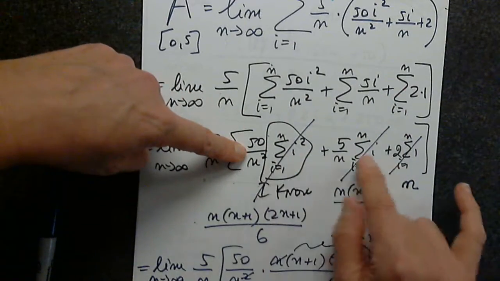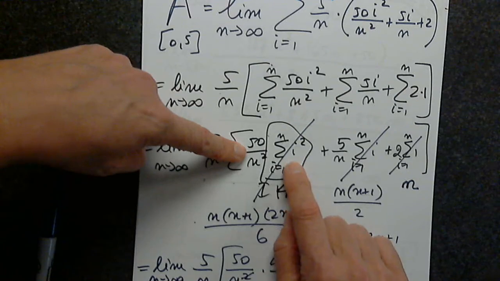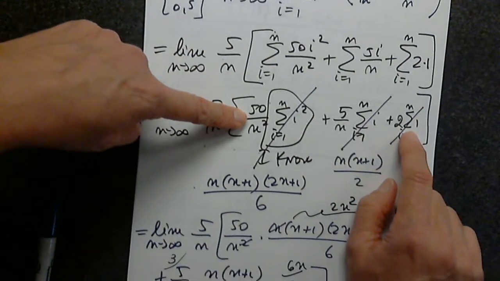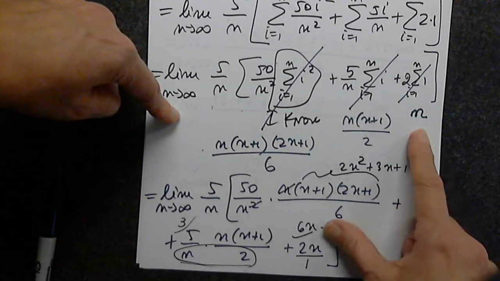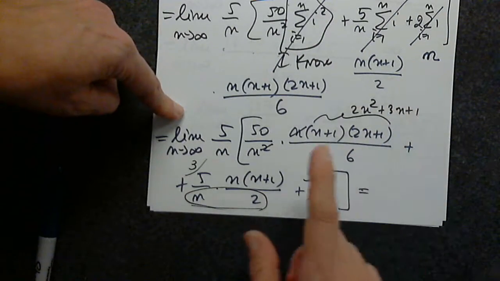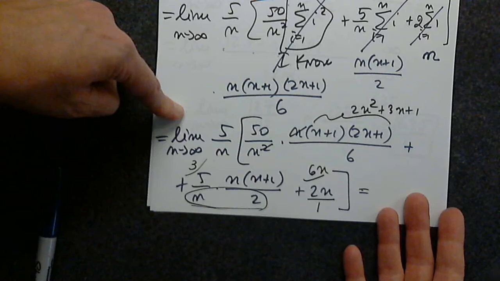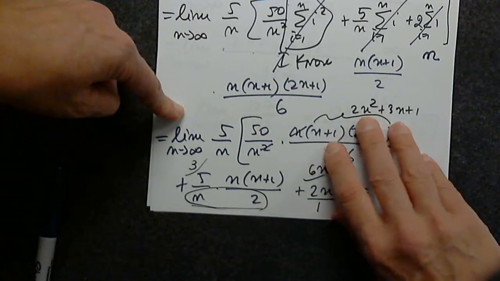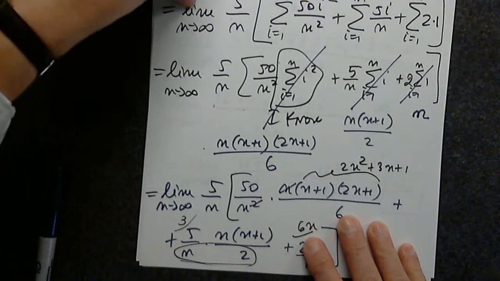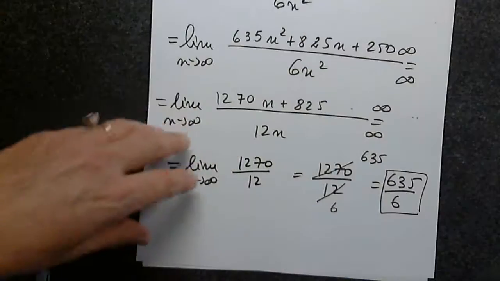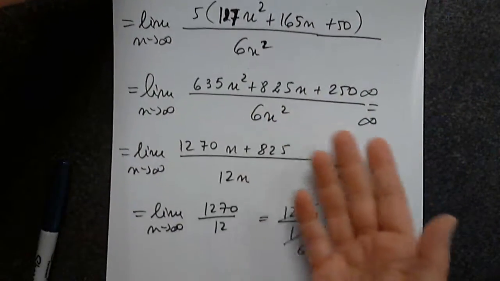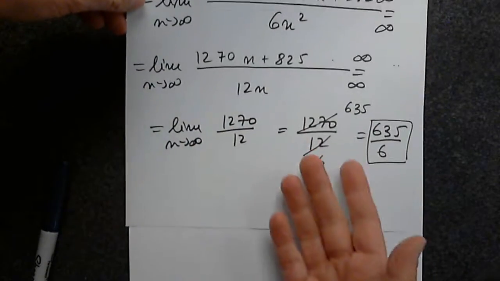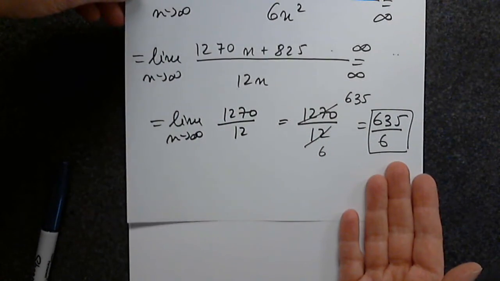We are down to the sum of i squared, the sum of i, and the sum of 1. We change these 3 into what they are equal to, and from here it is just algebra. Finding the least common denominator, and then applying the limit using L'Hopital's rule, distributing, applying L'Hopital's rule several times, and we got the area.